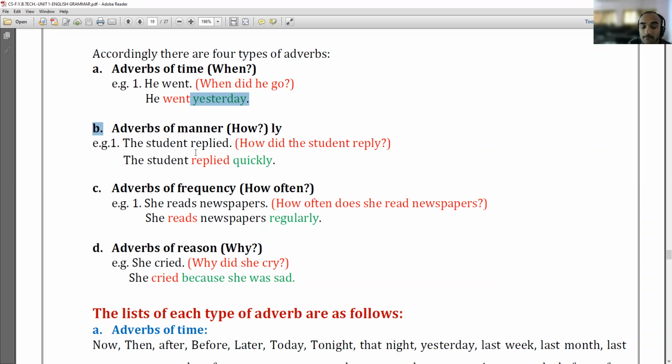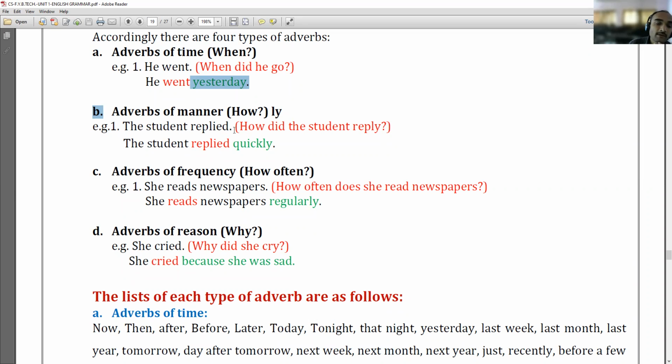Okay. सो ॲडवर्ब ऑफ मॅनर हे आपण ओळखण्याचा अजून एक सोपा मार्ग म्हणजे, just I have to give one tip to you, how to identify the adverb of manner is when there comes ly suffix. जेव्हा त्या ॲडजेक्टिव्हला ly सफिक्स येतो तेव्हा त्या ly सफिक्स वरून आपण ते ॲडवर्ब ऑफ मॅनर आहे हे ओळखू शकतो. ओके, एखाद्या वर्डला जेव्हा ly सफिक्स येतो तेव्हा त्या शब्दाला ॲडवर्ब म्हणतात. ज्या कुठल्या शब्दाला ly सफिक्स असेल त्याला आपण ॲडवर्ब ऑफ मॅनर म्हणतो.